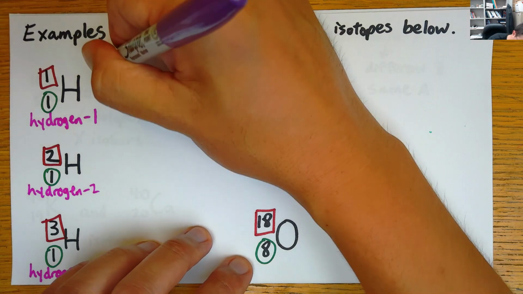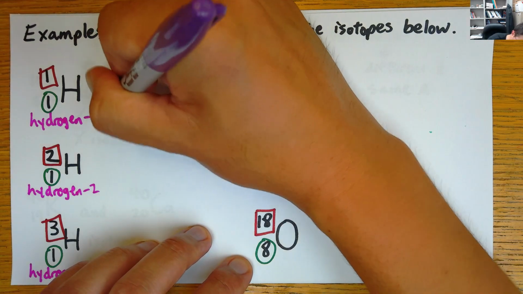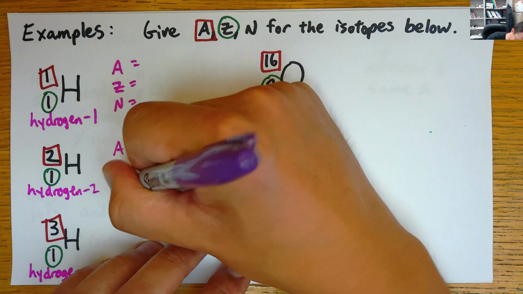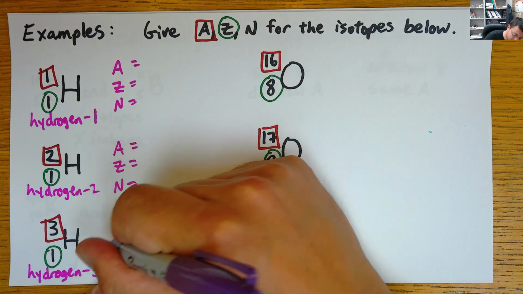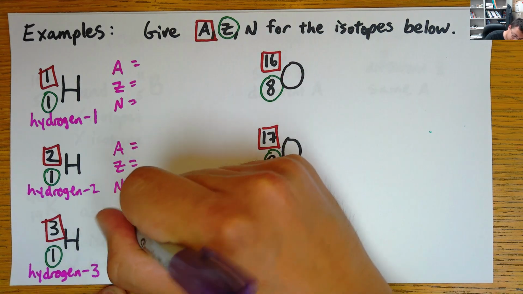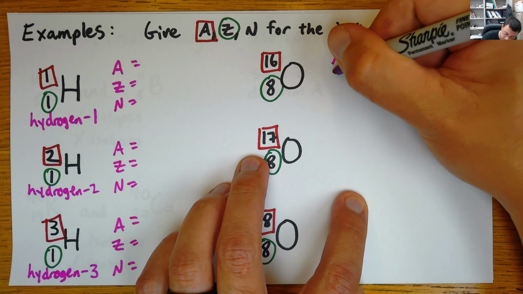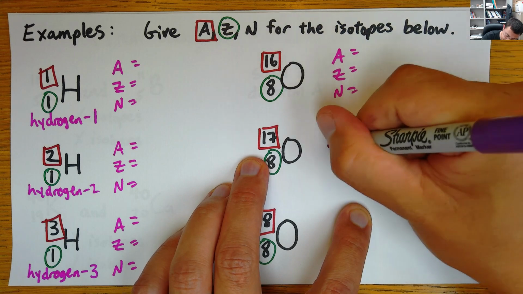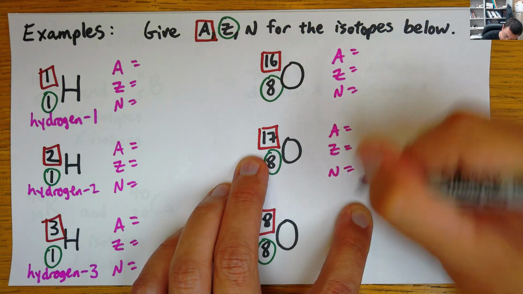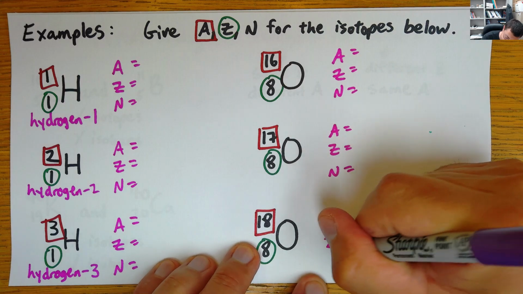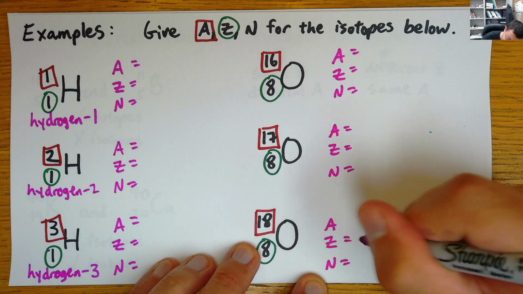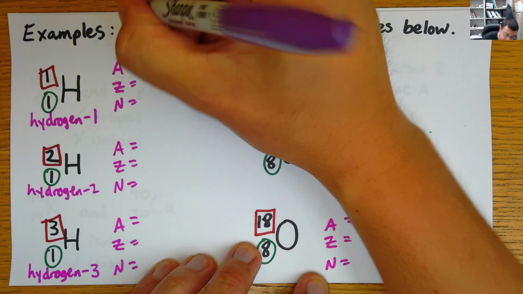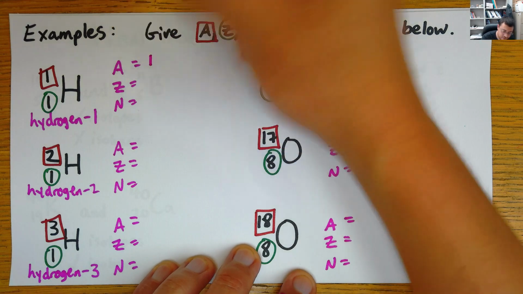All right, let's calculate A, Z, N. When I have multiple on the same page, I just like to set all this up. All right, so hydrogen 1 has a mass number of 1.